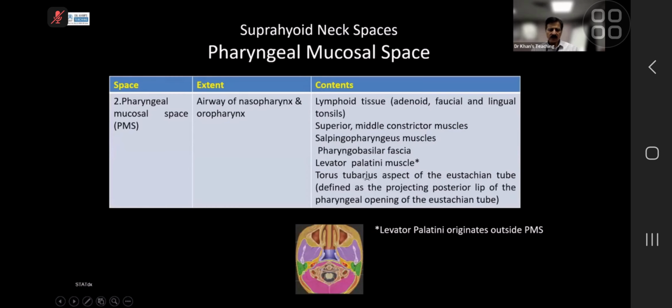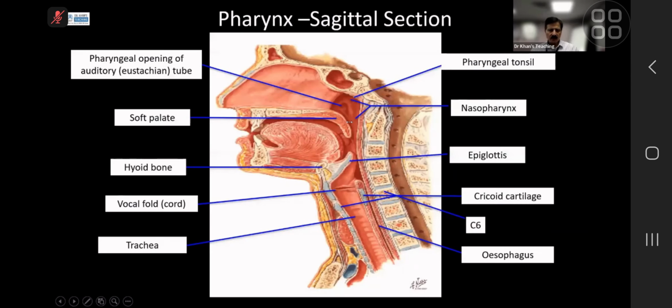Torus tubarius is this thing where I'm pointing. This is the eustachian tube, and here the eustachian tube opens. It is defined as the projecting posterior tip of the pharyngeal opening of the eustachian tube. Cartilaginous, it opens here. We'll come back to this.